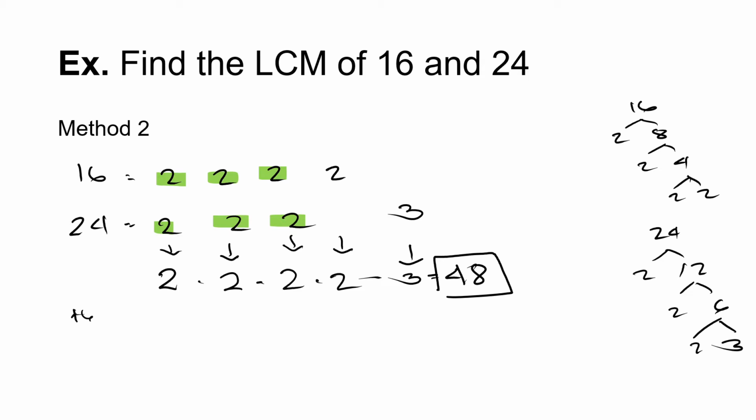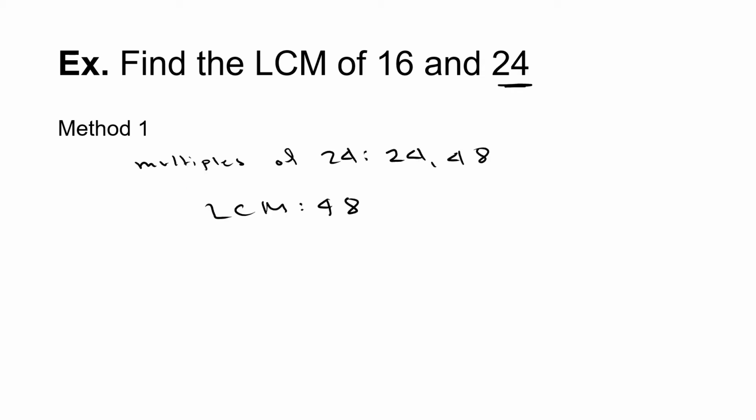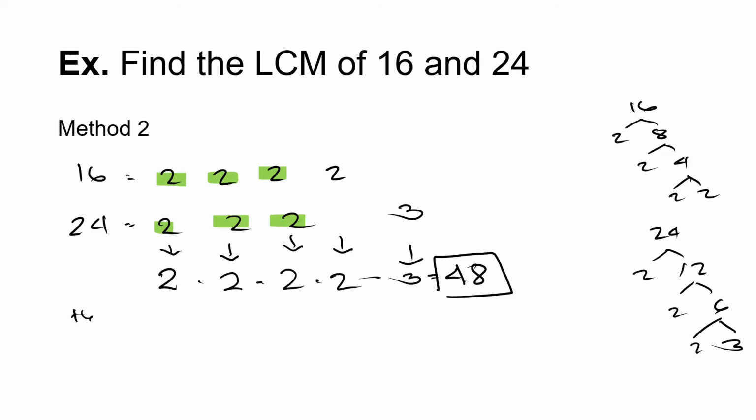So I'll give you a super cheat sheet, a super shortcut. You can use either method 1 or method 2. However, suppose you're finding the LCM of 4 and 7. I like to use the multiples method, so we'll use method 1.